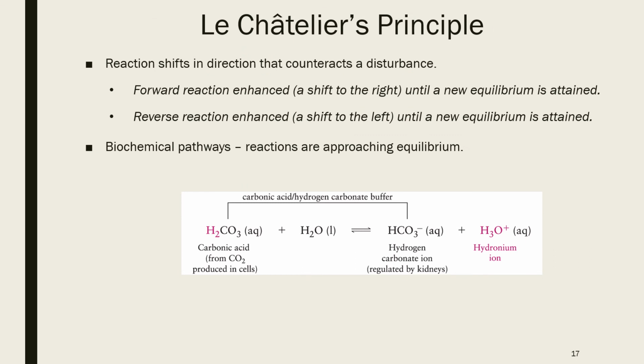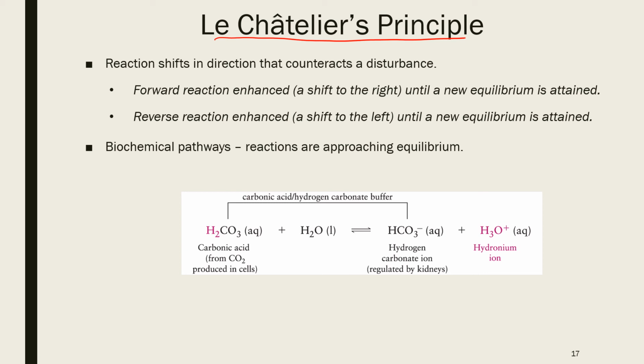In chapter number 6, we learned that Le Chatelier's principle allows us to predict how a reversible reaction at equilibrium responds to a disturbance. The reaction shifts in the direction that counteracts the disturbance.